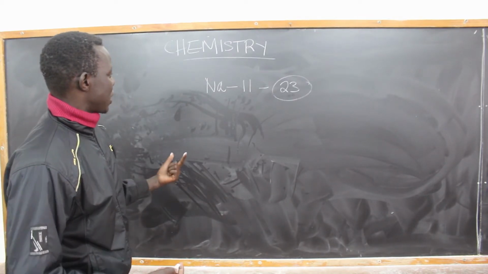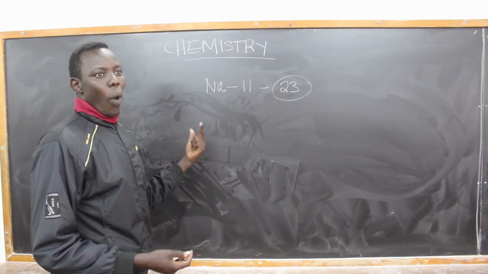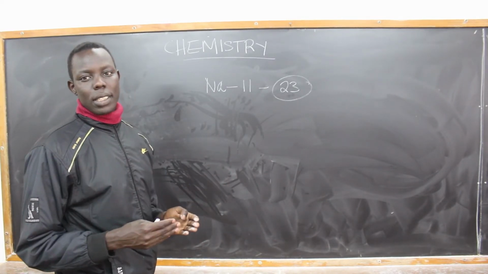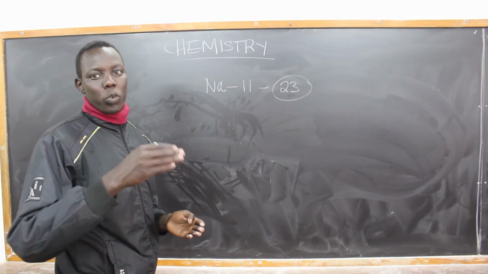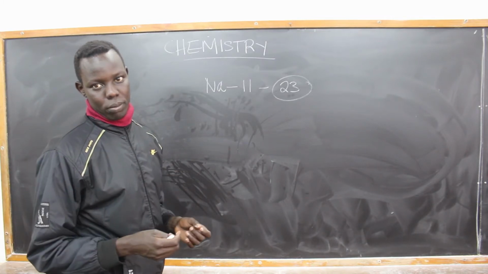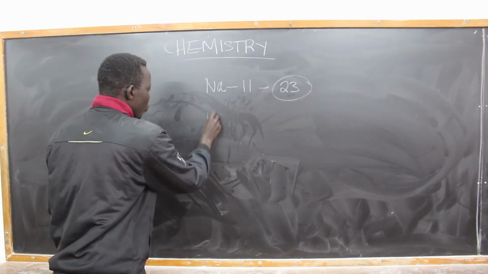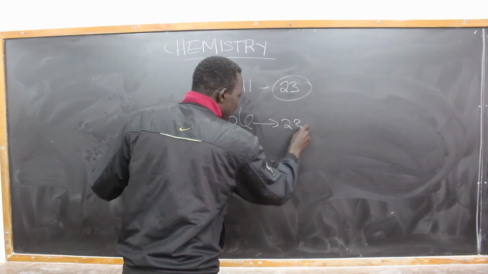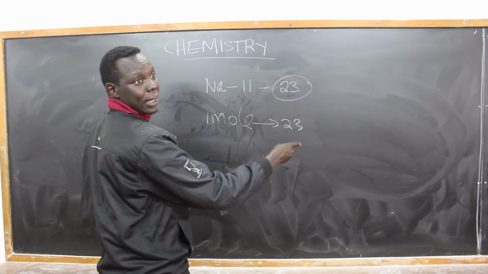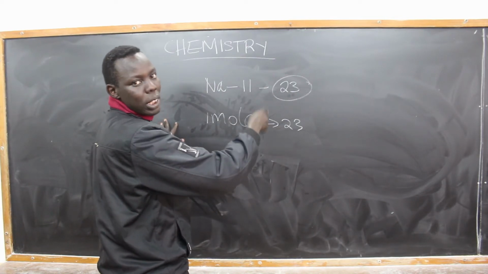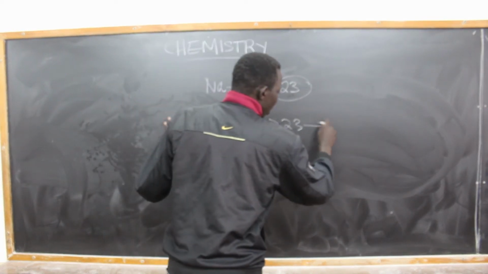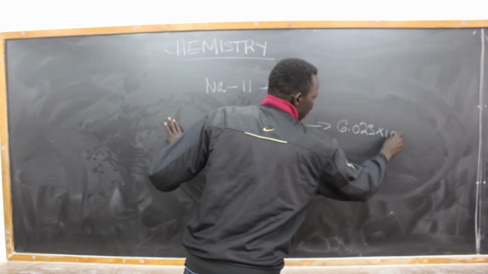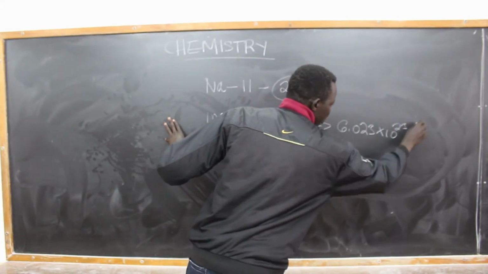So in this case, 1 mole of sodium contains 6.023 times 10 power 23 atoms. So 1 mole of sodium, this 1 mole is 23 grams. It's a molar mass. I will not write the units because it's a ratio. We contain 6.023 times 10 power 23 atoms.